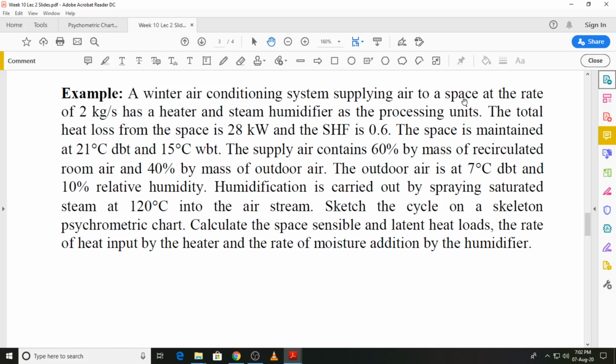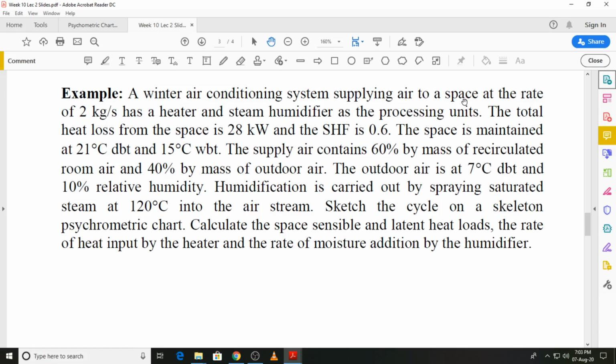We are told that the space is being maintained under certain conditions, that is the dry bulb and wet bulb temperatures are given, and we are also told the proportions of the recirculated air and the outside air which are mixed to provide us with the desired air condition when it is supplied to the space.